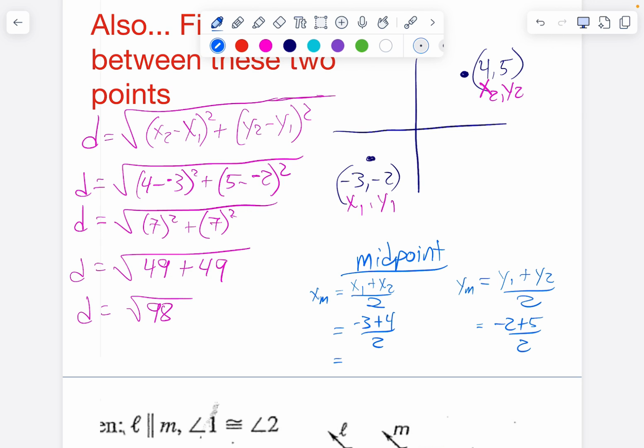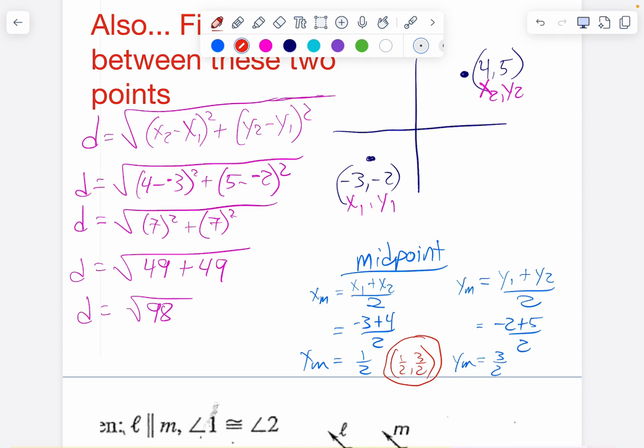So -3 plus 4 is just 1. So the x coordinate is 1/2. And then -2 plus 5 is 3. So the y coordinate is 3/2. And since it's a point, we do want to write it as a coordinate pair. So 1/2, 3/2.